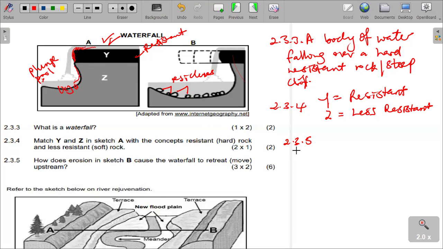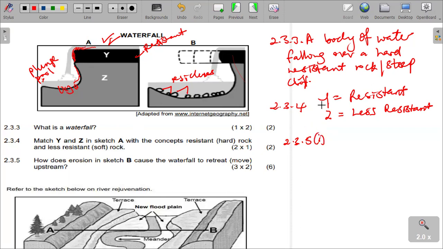Retreating, we are saying when the waterfall moves upstream, how does that happen there? How does the retreat take place?